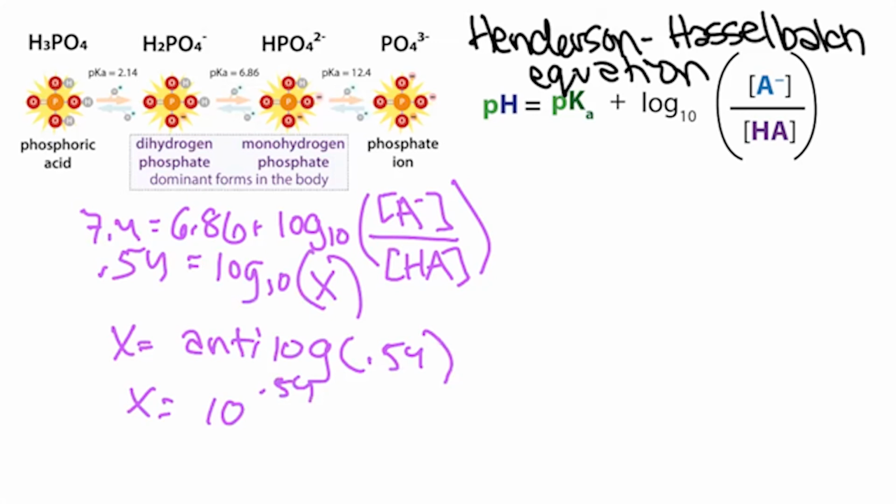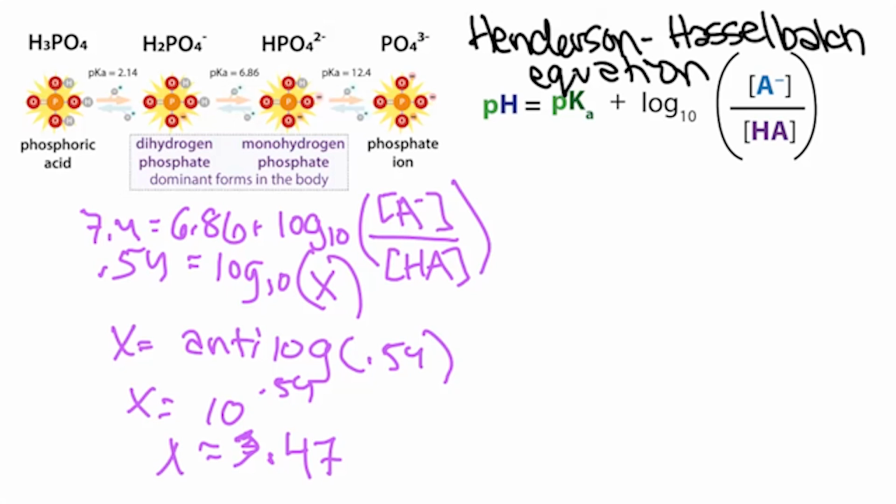If we do this on our calculator, we find that we get 3.47. So we're going to have about 3.5-fold more of our conjugate base than our conjugate acid, but we're still going to have pretty equal amounts of both. And if we knew the concentration, we could put actual molarity values into this to find out the molarity of the acid and base forms.